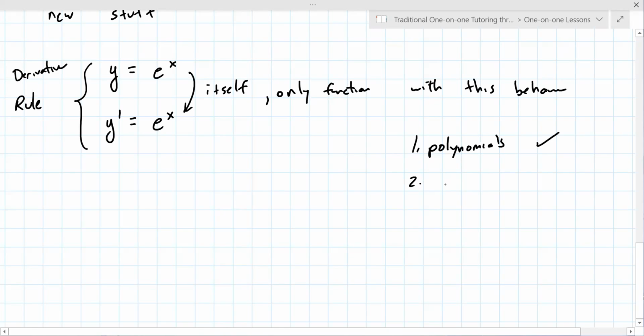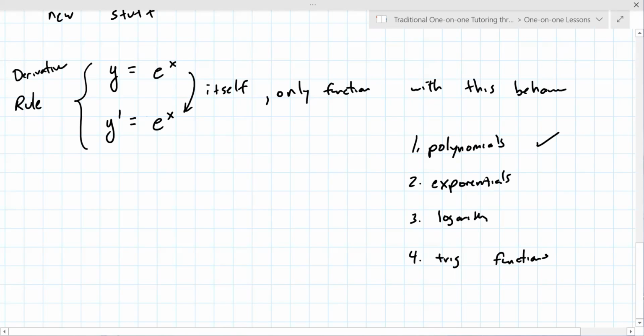There are exponentials, we're going to talk about those. We've got logarithms. We've got trig functions. There's nothing really to know here other than that if I give you this function, the derivative is itself.